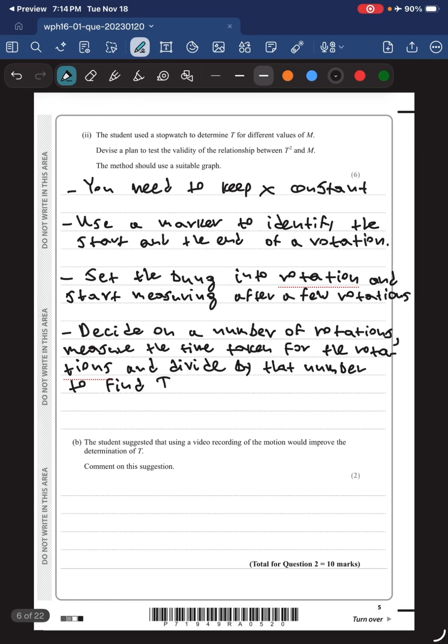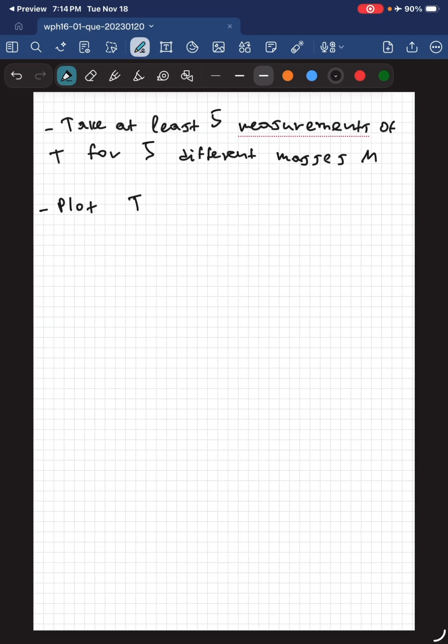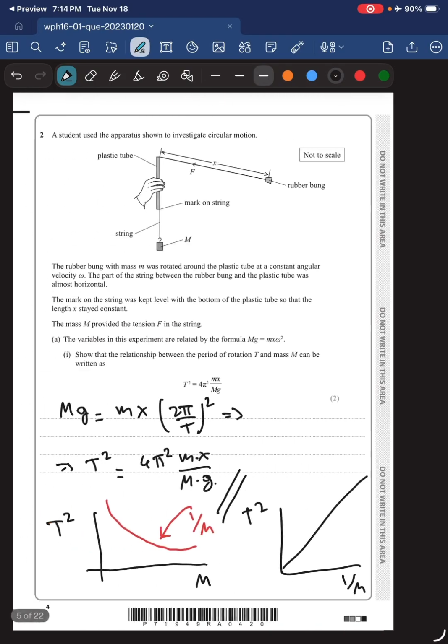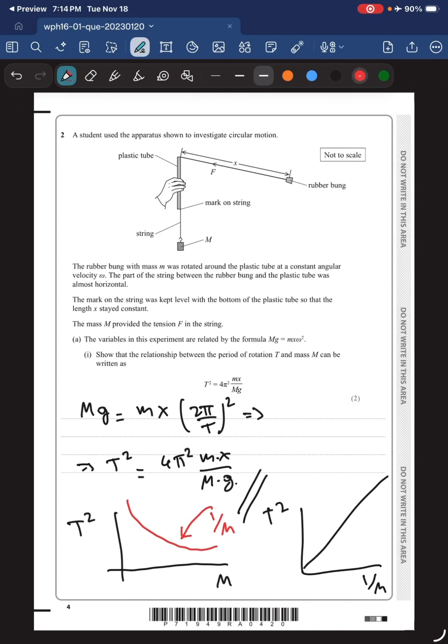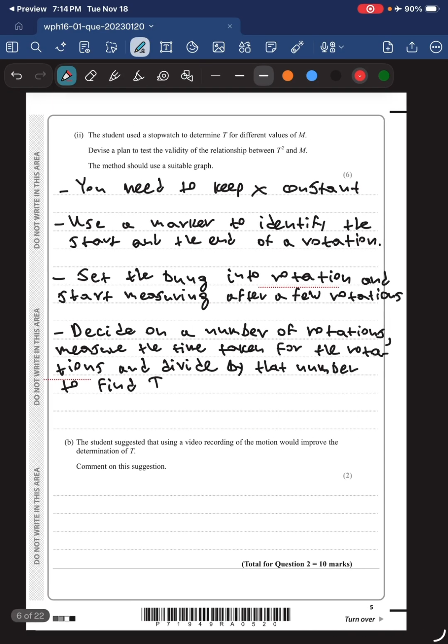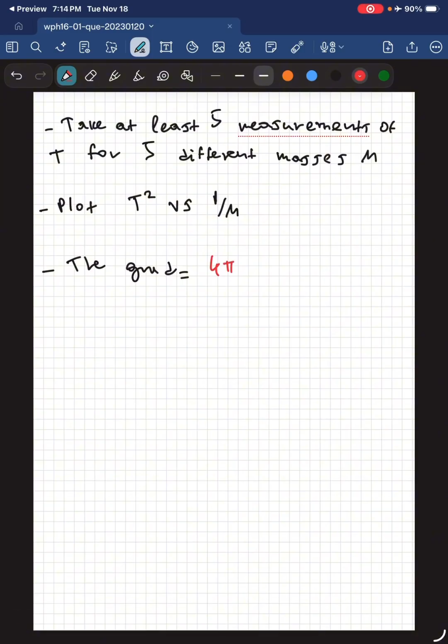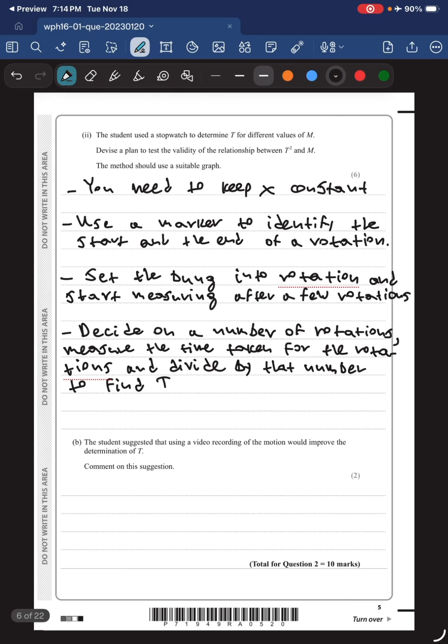So this is what we will write as the last point: plot t squared versus 1 over M. The gradient must be equal to this value over here, 4 pi squared mx over g. This was quite long, but this is what you have to do.